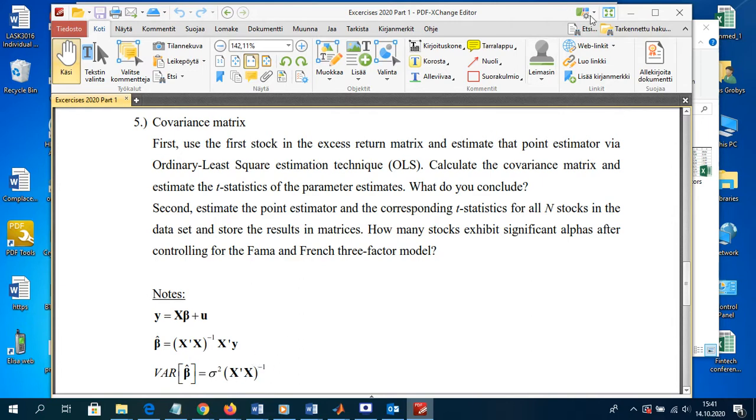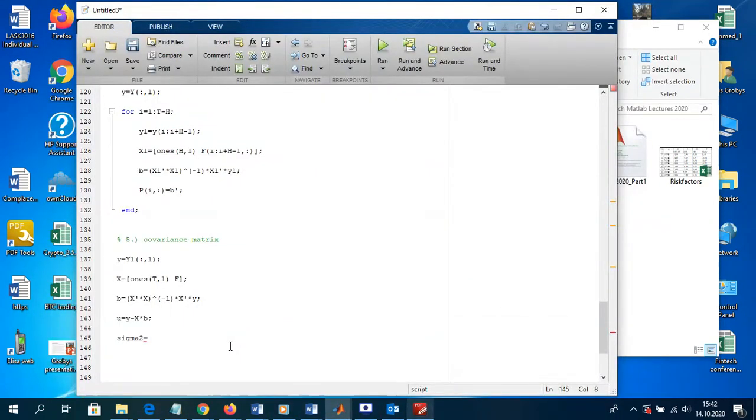This is simply given by, as we discussed in the lecture a couple of times, the residual vector U transposed times U. U is T by 1; if you transpose it, it's 1 by T. 1 by T times T by 1 is 1 by 1, so we have a scalar, divided by the number of observations minus 4, because we have 4 parameters to be estimated in our regression. That's the formula for the residual variance, sigma squared.